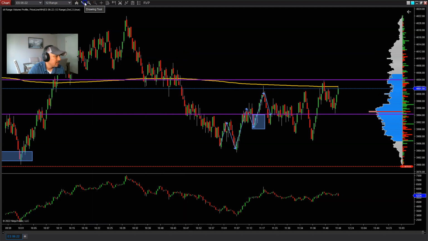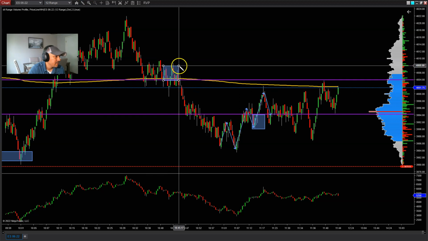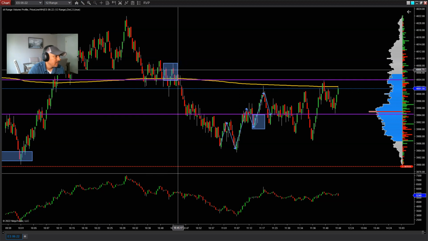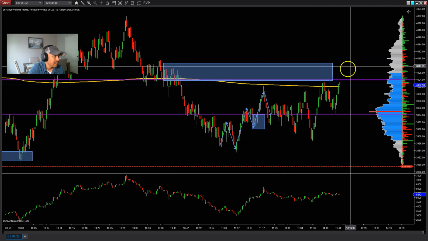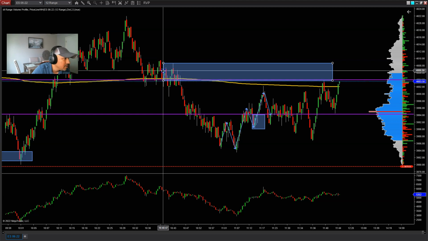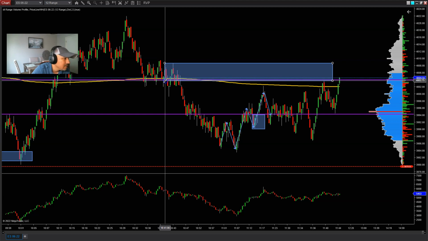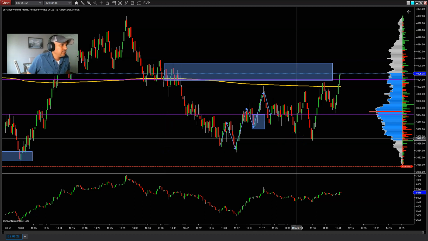Ah, I erased it, guys. Sorry about that. What was I saying? So we'll draw it out here, show you. See it? Getting that area. And price needs to stay below this area here, below that rectangle box. But it looks like it's trying to push higher now. So, all right, let's see what happens.